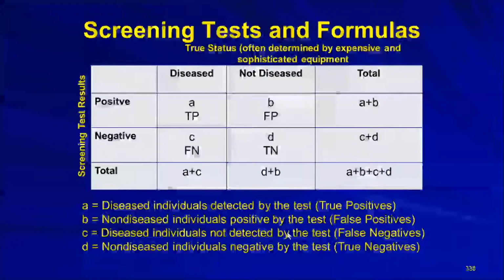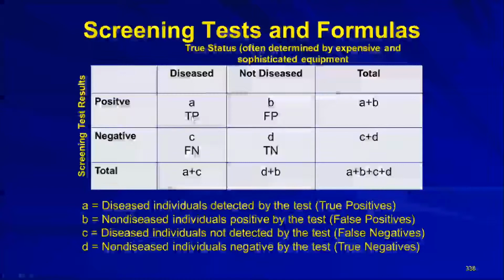Okay, this is a typical screening test layout. You notice at the top we have the true status, and you can see how it's determined. We have disease and not disease, and a total. And these are the screening test results: positive, negative, and total.